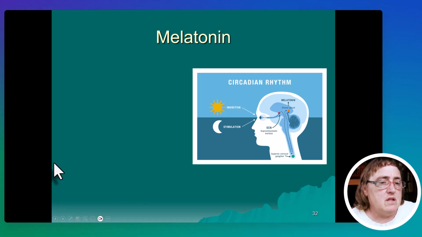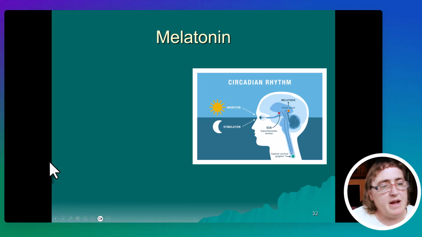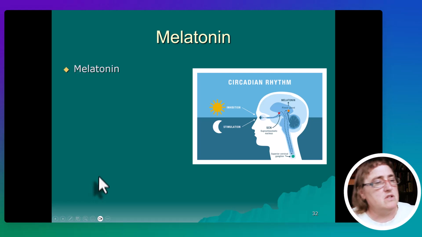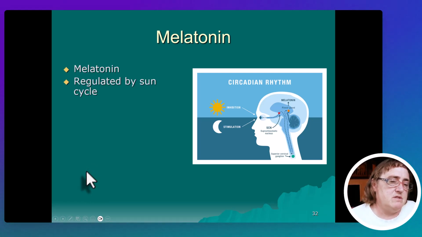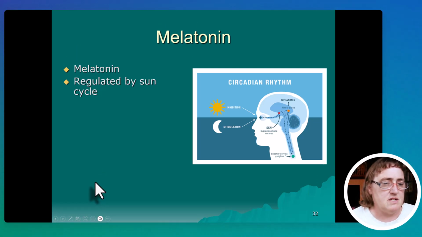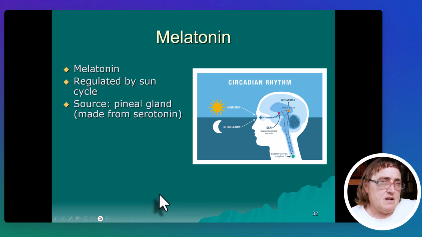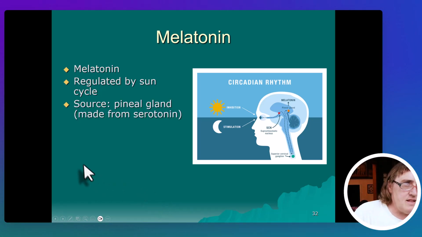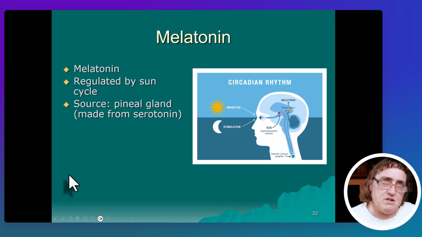Another hormone from the pineal gland back up in the brain is melatonin. Melatonin is regulated by the sun. It increases the release of melatonin when it's nighttime and decreases during the sun or sunnier times. Not that humans use it anymore, but it's thought to play a role in seasonal breeding.